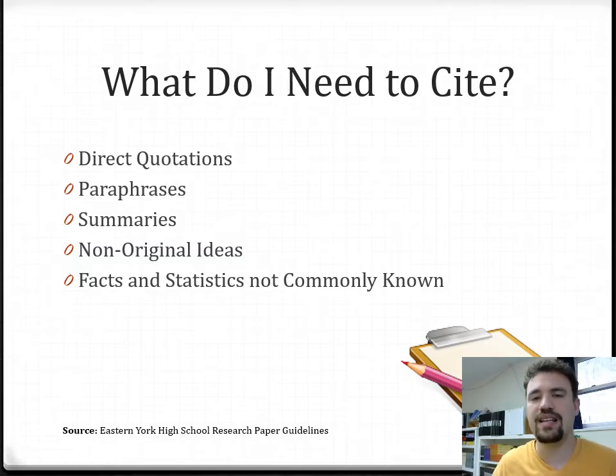Like I said, non-original ideas, meaning ideas that were not original to you or that are not common knowledge. If they're original to another author, you need to cite that. And then facts and statistics that are not commonly known. Common knowledge is something like the date the Declaration of Independence was signed.